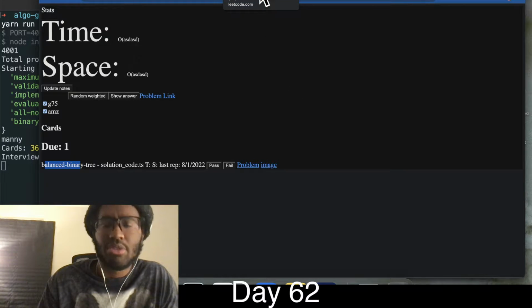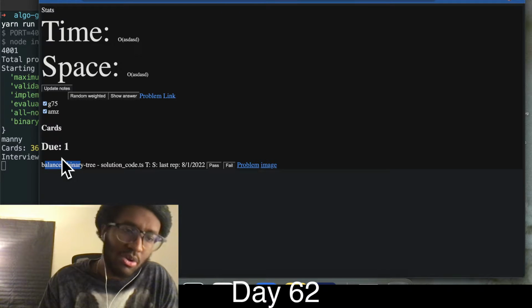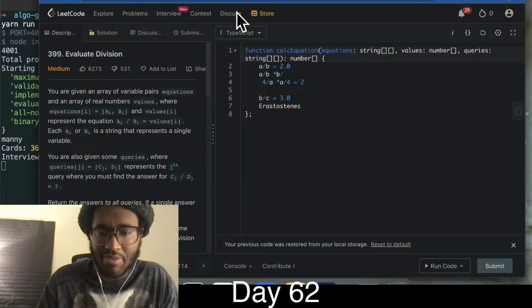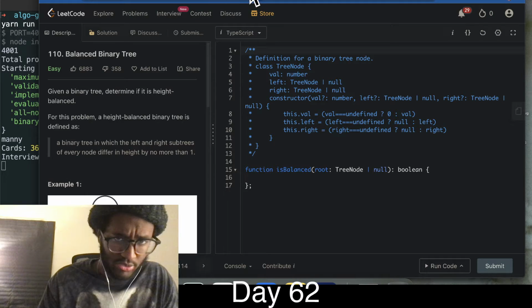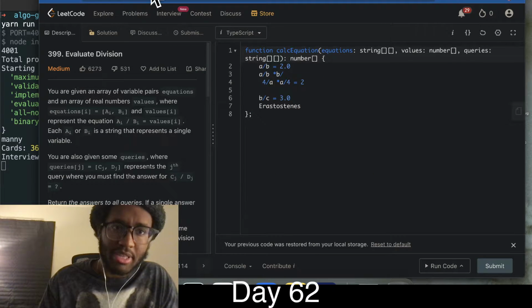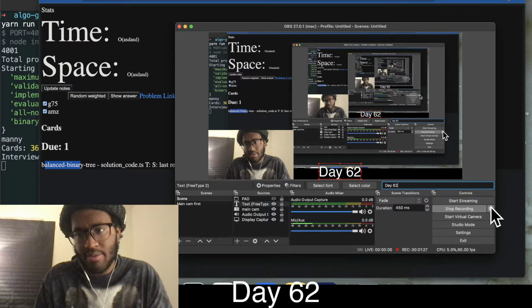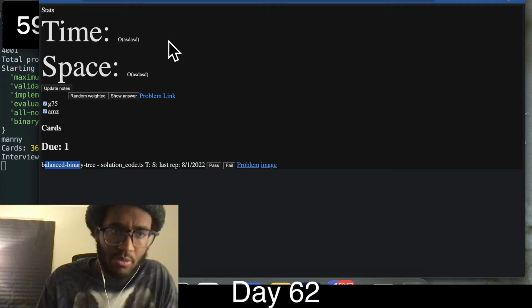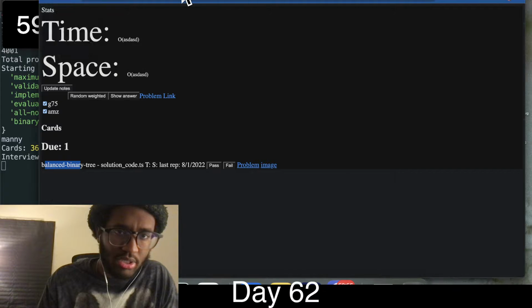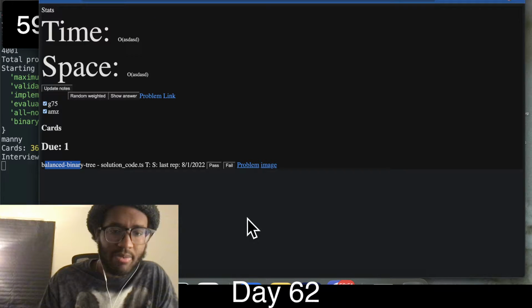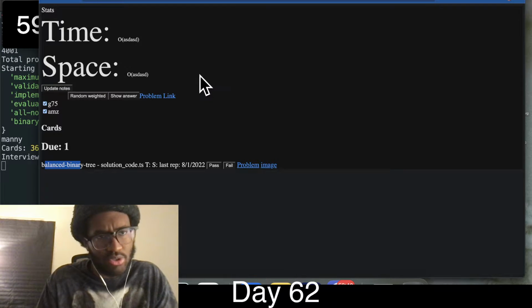And we're still stuck on evaluate division. Actually, we're gonna do balanced binary tree and the rest of the time on evaluate division because I keep putting it off. And then that would be it for today. We're gonna try for an hour, but we shall see. So balanced binary tree and then evaluate division, and we'll see how far we get with those two.